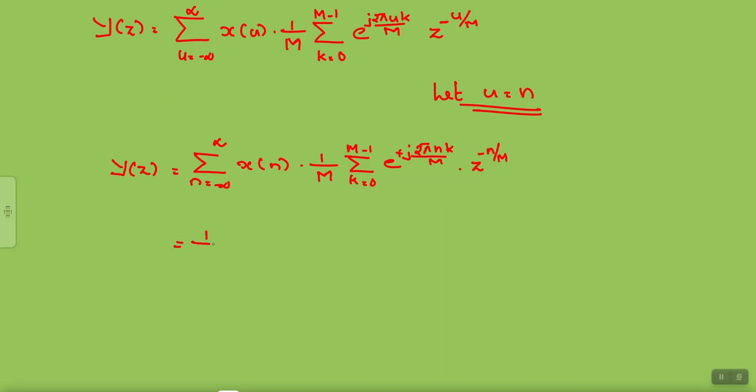On rearranging, I am taking 1 by m common outside and interchanging the summation: summation k equal to 0 to m minus 1, summation n equal to minus infinite to plus infinite x of n into e raised to minus j 2 pi nk by m into z raised to minus n by m.